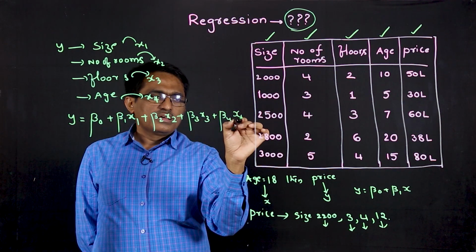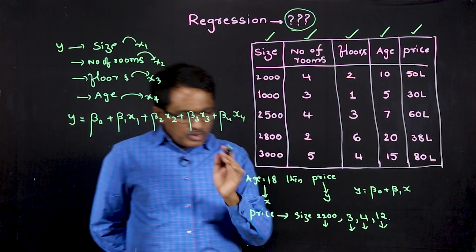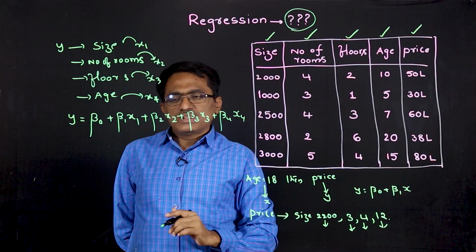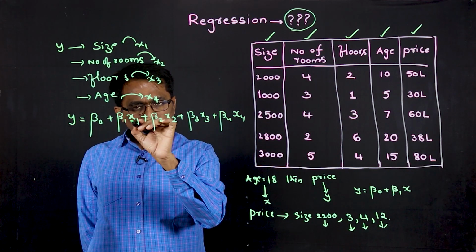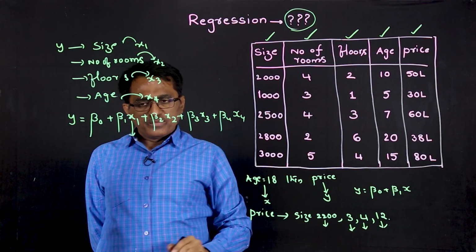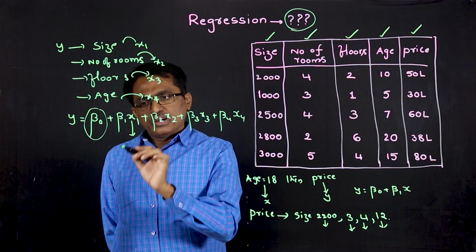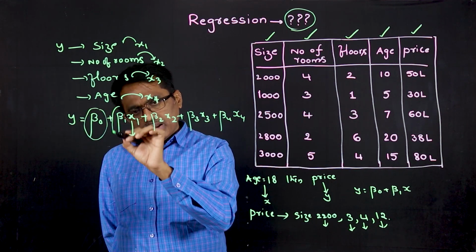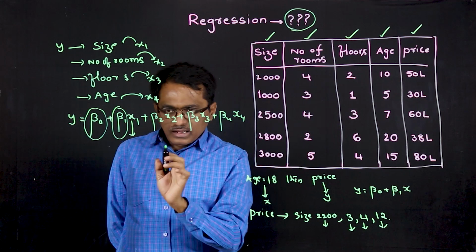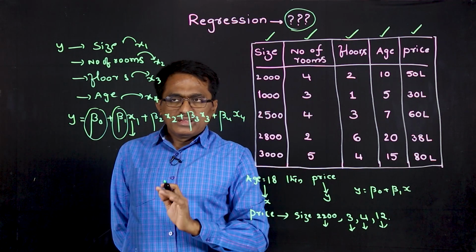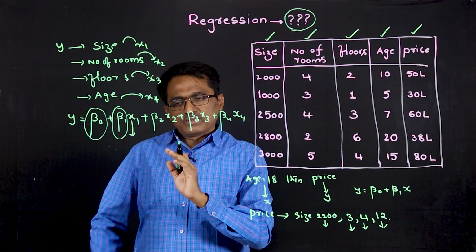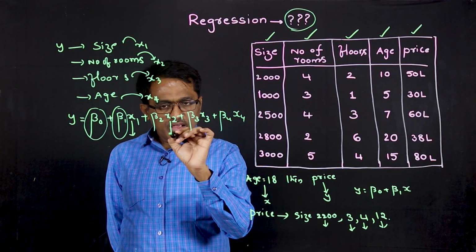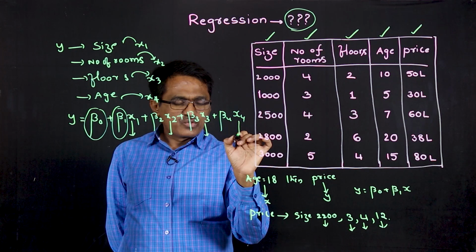Right? So what is the difference between the previous discussion and this discussion? In the previous discussion we had only one independent variable, where by the method of least squares we tried to find the values of beta naught and beta 1, in turn the relation between x and y. In this case it involves more independent variables, x1, x2, x3, x4.